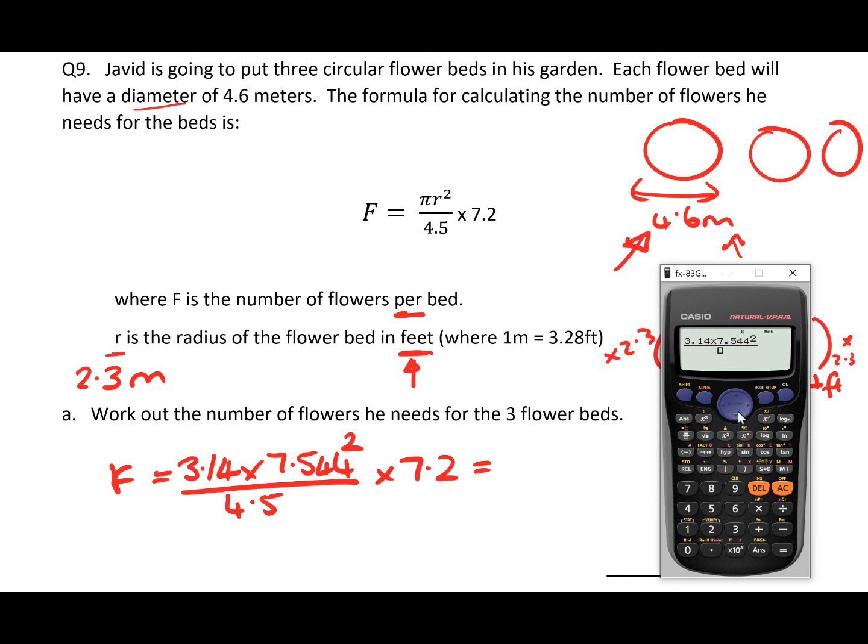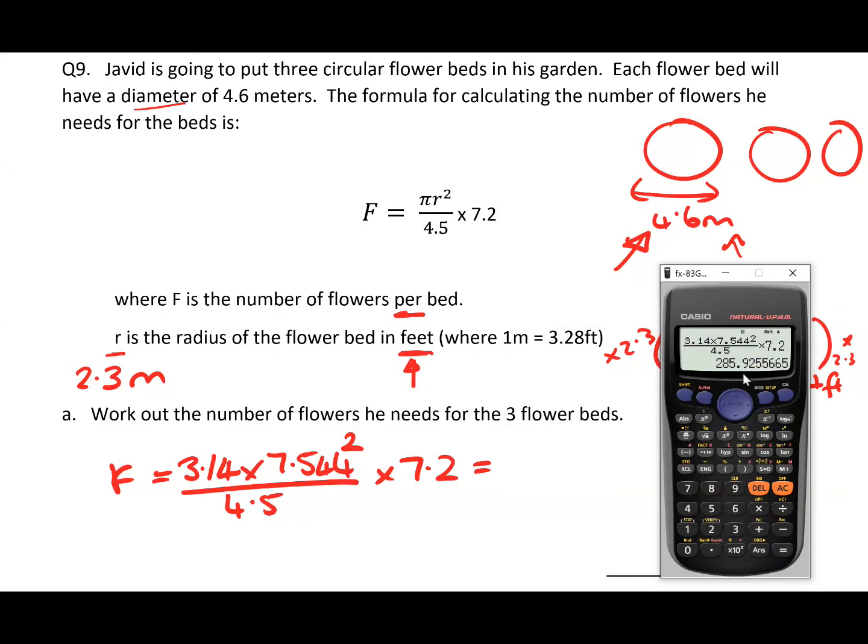The denominator, when we use the rocker, is 4.5. And then move the rocker to the right, so we're not multiplying the 4.5, and then multiply that by 7.2. So what you have looks exactly the same as the formula you have over here on the left. So when we press equals, it should tell us the number of flowers that we need.